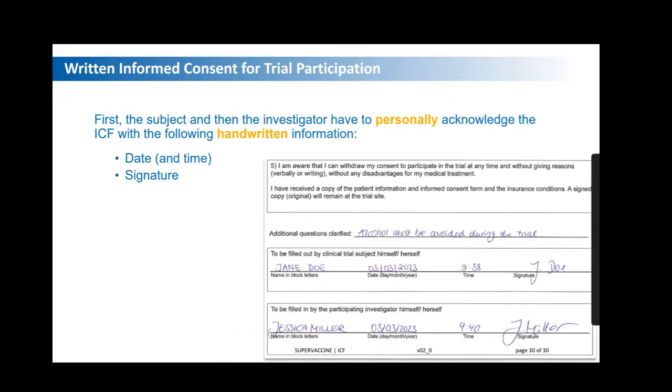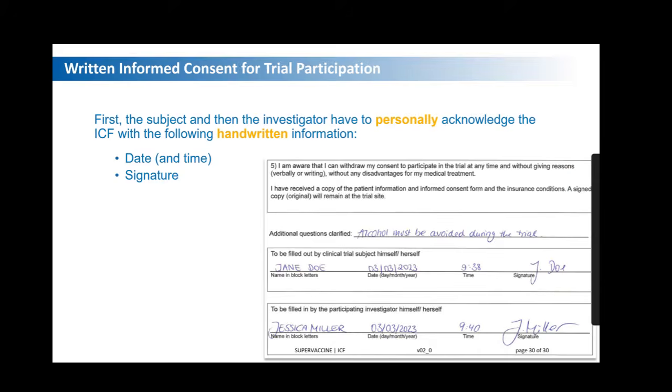And if finally your subject decides they want to be included in the study, they want to give their informed consent, then first the subject and then the investigator will personally acknowledge the ICF with handwritten date and signature. As you can see here, there's room for some additional questions, and then first the subject and then the investigator will provide their name, the date, and their signature.